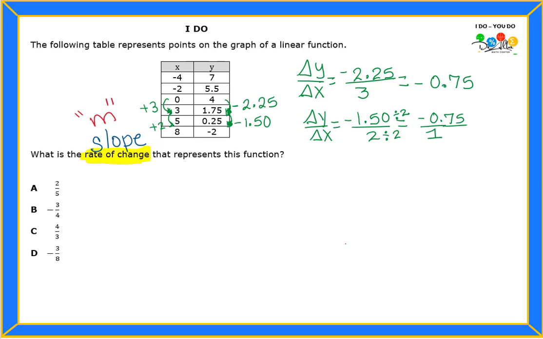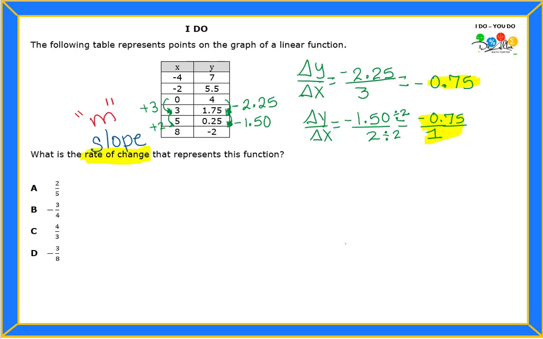Very good. Notice how those two answers are exactly the same. Even if it has a 1 in the denominator, the value of those two numbers is exactly the same. If you look at the answer choices, we can already identify the answer.